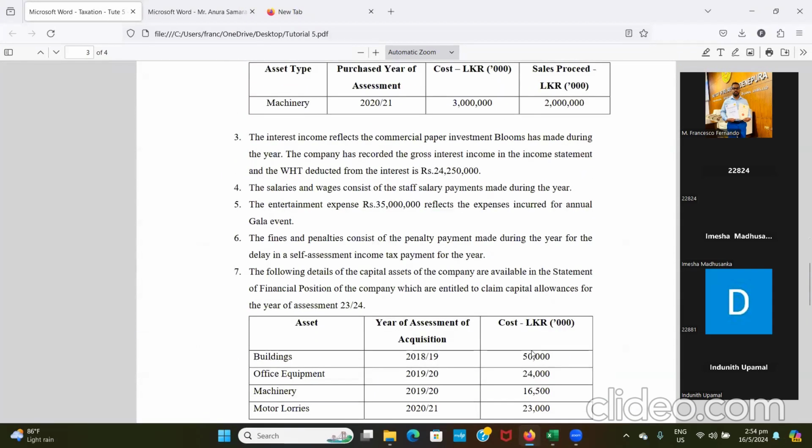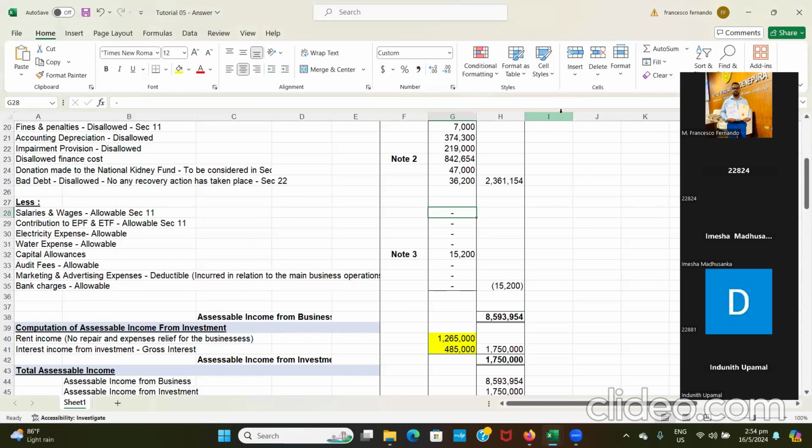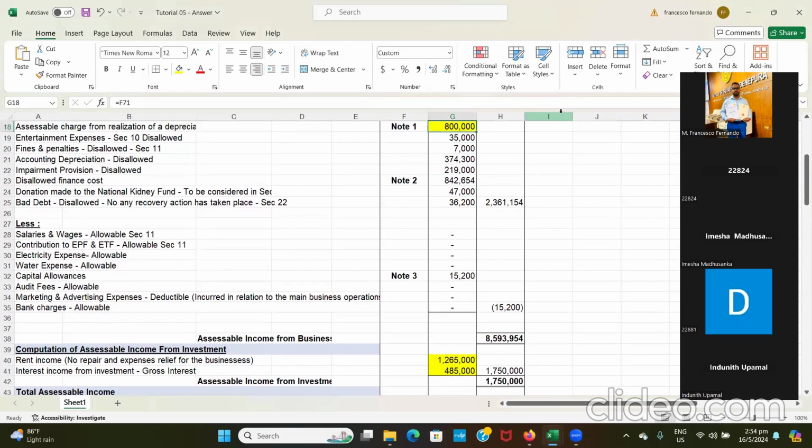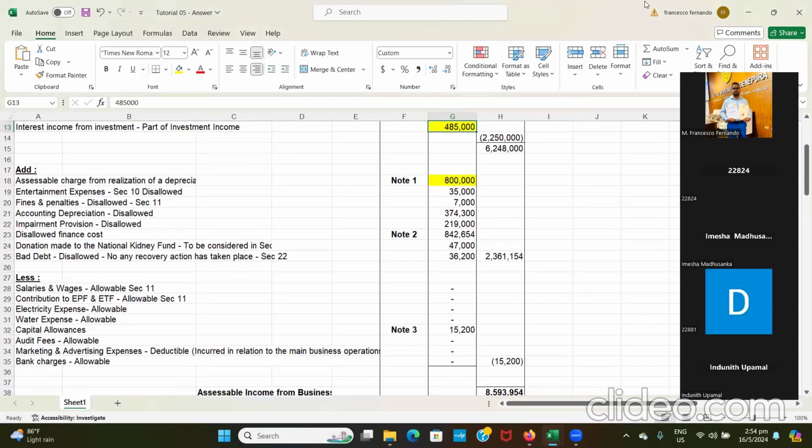And then if we move to the entertainment expense incurred for this annual event, the entertainment expense for the annual event. So entertainment is not a part of producing income. No. So therefore, as per section 10, and also in section 10, if I remember, there was a specific provision that is disallowed. In section 10, directly it's saying entertainment is disallowed.